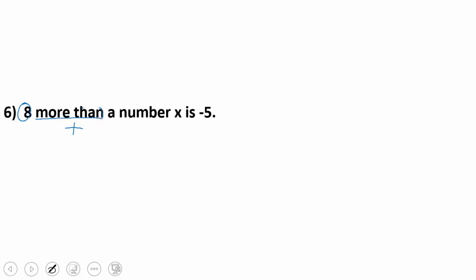So this "more than" represents addition. And it's 8 more than what? This number x is negative 5. So if I show 8 more than you, that means you plus 8. That's how it's written. Okay?